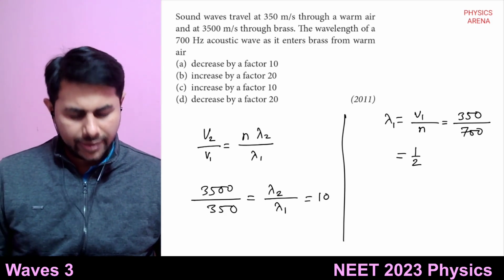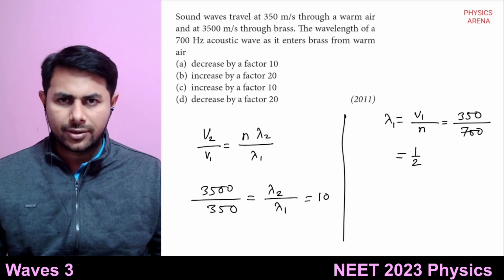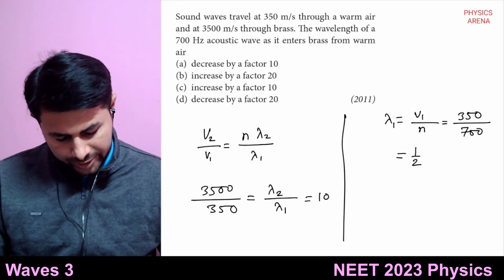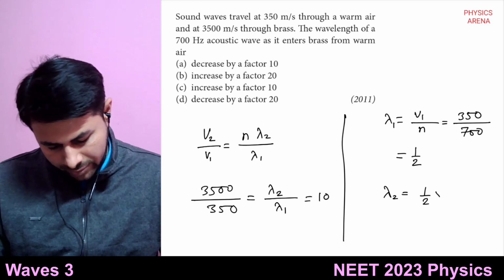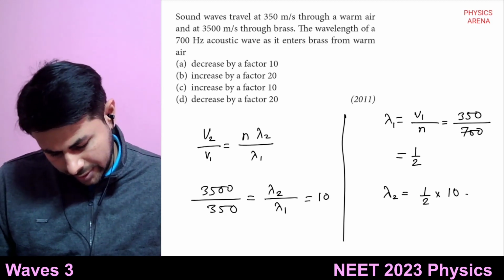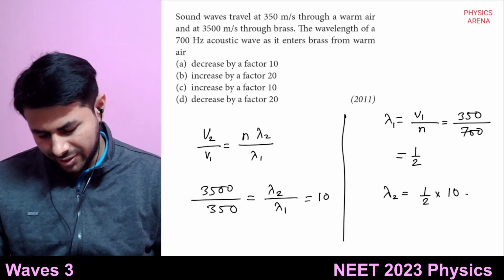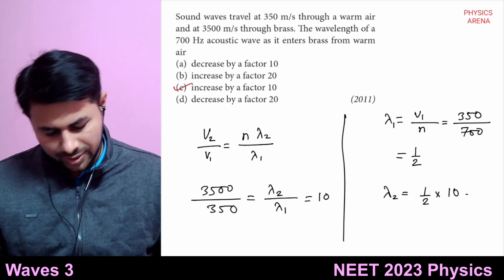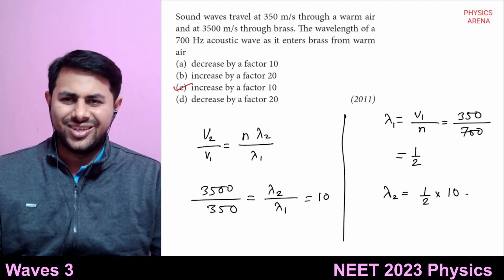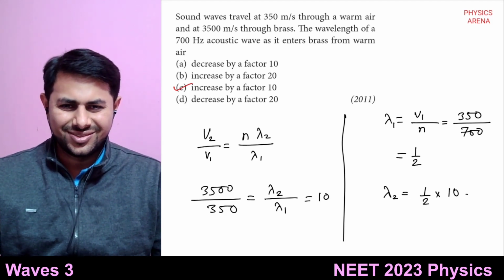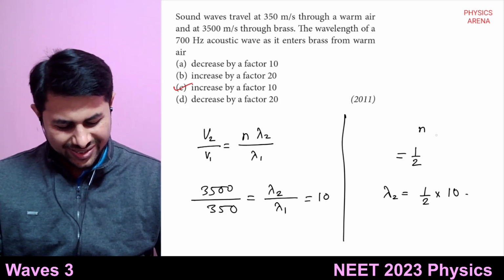And when it goes to the other medium, the wavelength increases, it becomes 10 times. So lambda 2 is equal to 1 by 2 multiplied by 10. Oh, I'm sorry, I was finding the wavelength. It just increases by a factor of 10, right?